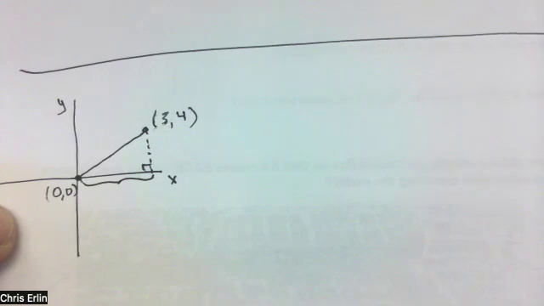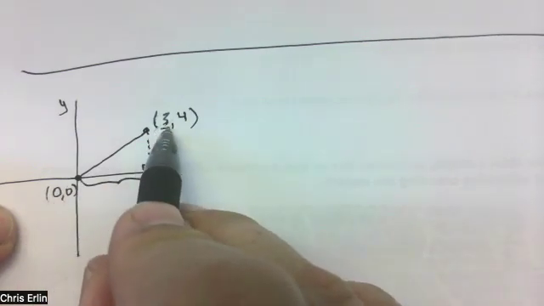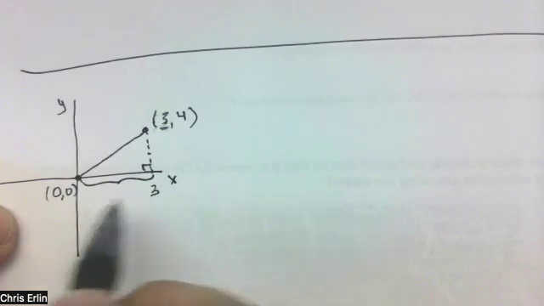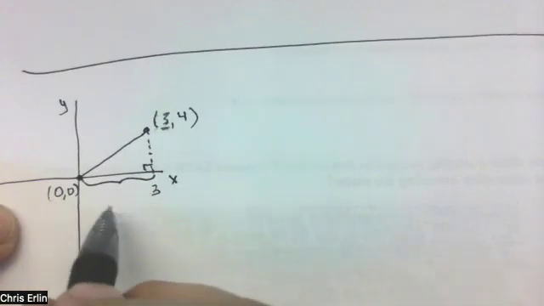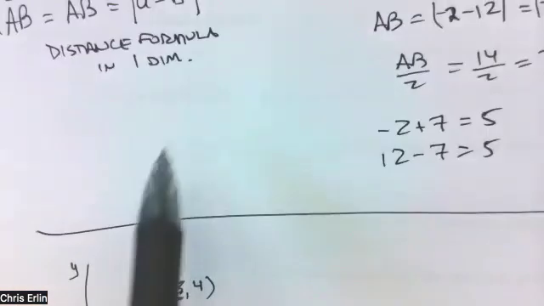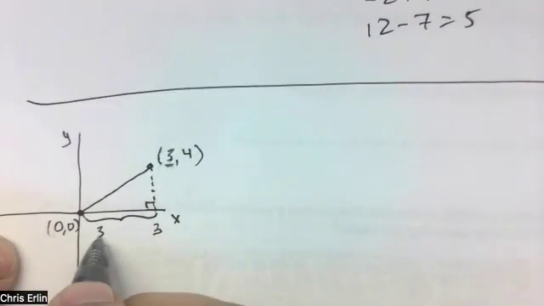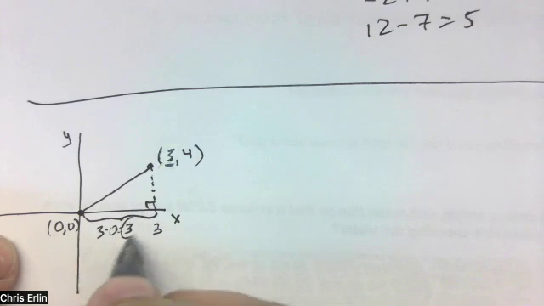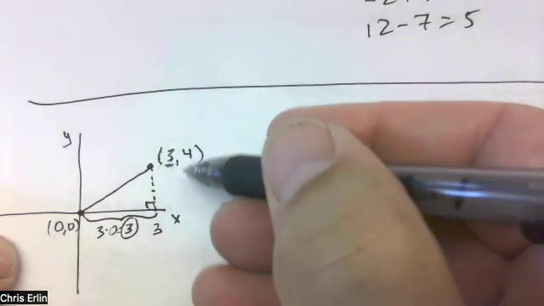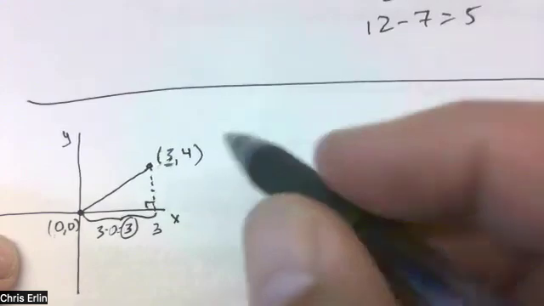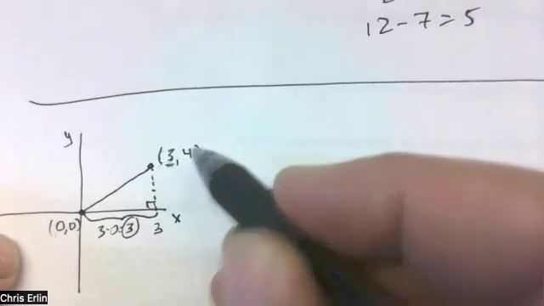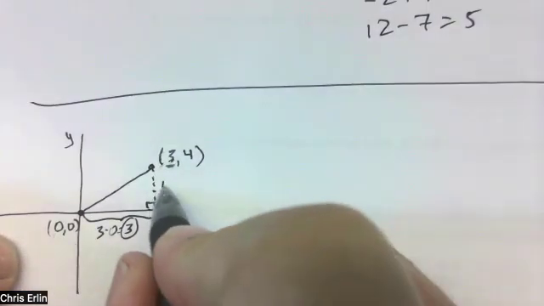Well, this says that my x value is 3 here, and this was at 0. So I can find this distance using what we did up here, subtracting them. 3 minus 0 is 3. And then when I want to go up this way, I can take the y values, 4 and 0, and subtract them.